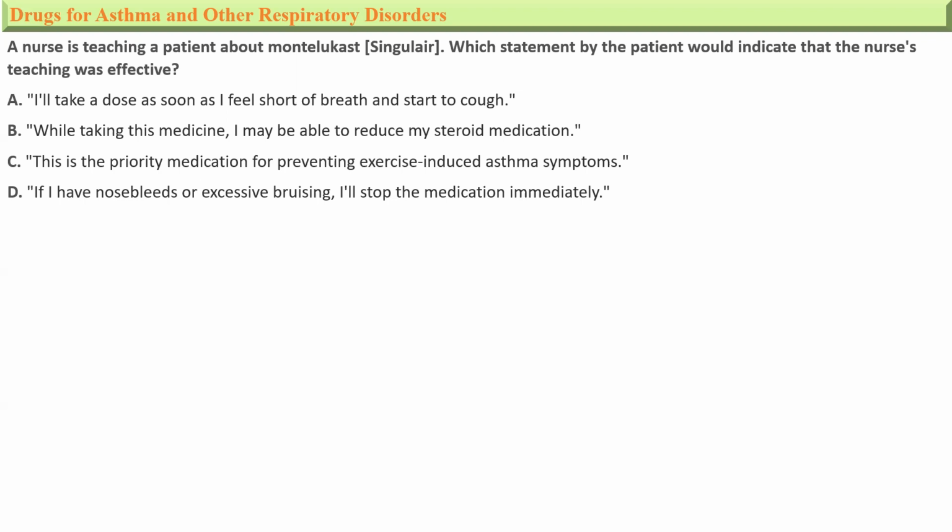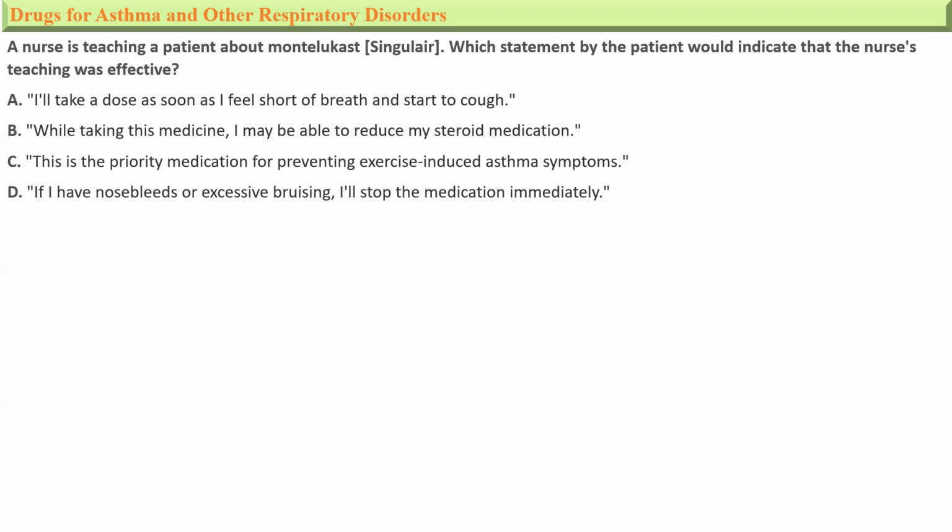Combining Montelukast with an inhaled glucocorticoid medication can improve asthma and reduce the symptoms, and it may allow for reduction in the corticosteroid dosage.